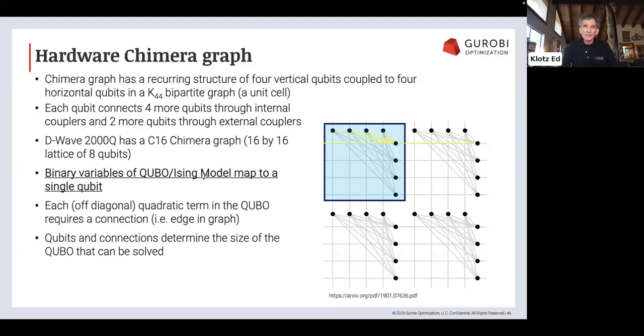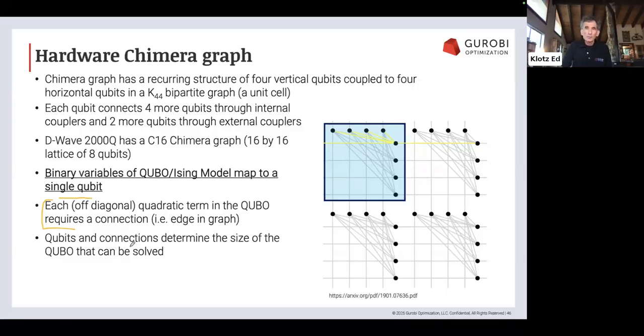So each binary variable corresponds to one of these nodes in the graph, which corresponds to one of these qubits, that is, one of the building blocks of the annealing process. And then each off-diagonal quadratic term in our QUBO requires an edge in the graph. So basically, the qubits and connections determine the size of the QUBO that can be solved.